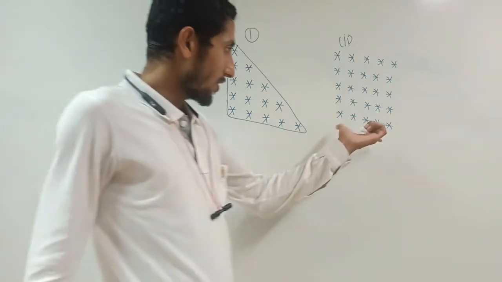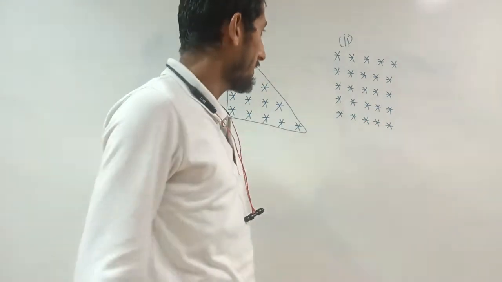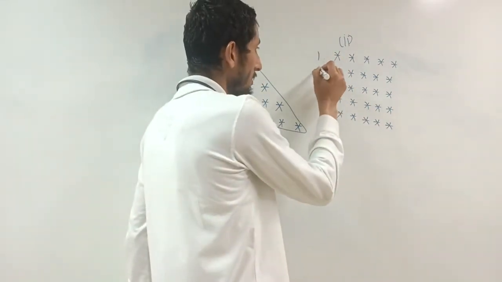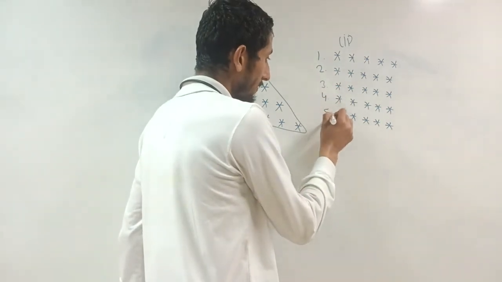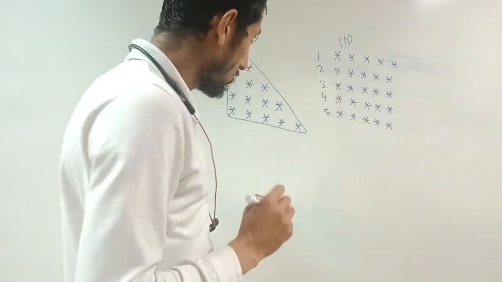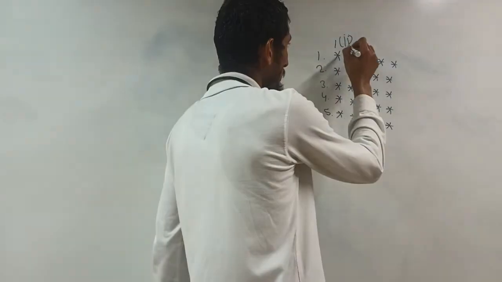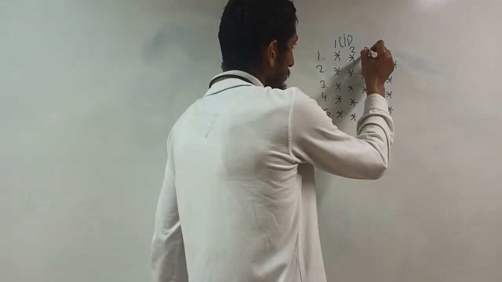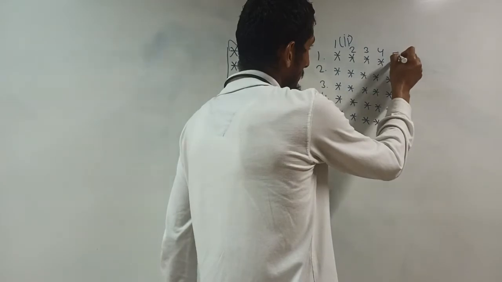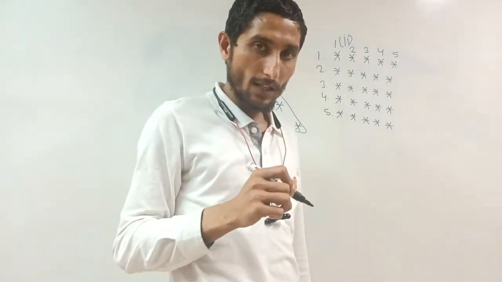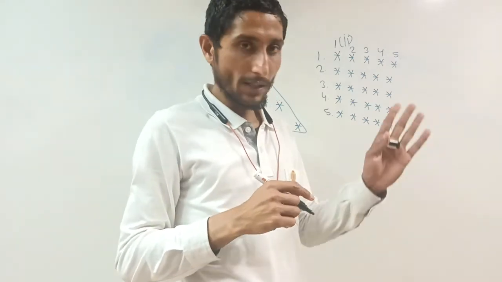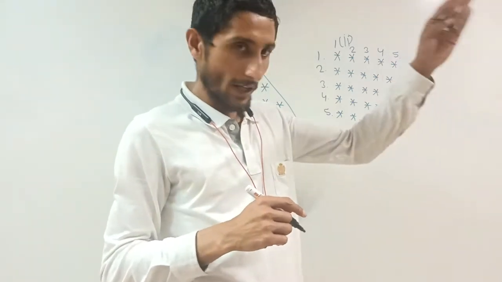In this program, what is going to happen? We have 5 rows: row number 1, row number 2, row number 3, row number 4, row number 5. And in every row, I have 5 columns: column number 1, 2, 3, 4, 5.